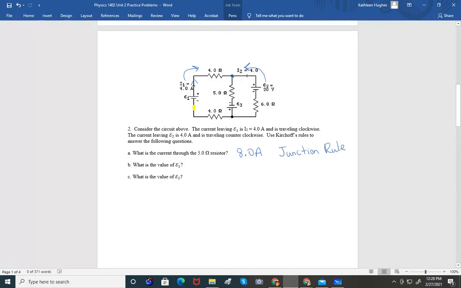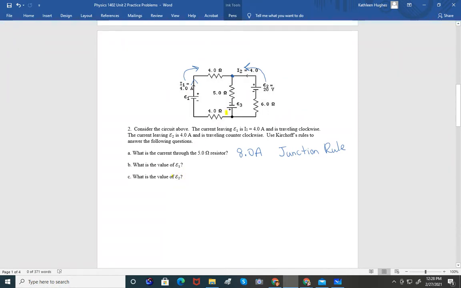I'm going to take my highlighter. I'm still going to start here. You know, I think I'd rather find E3 first. And I have a typo. This should say E3. I'm going to have to fix this.